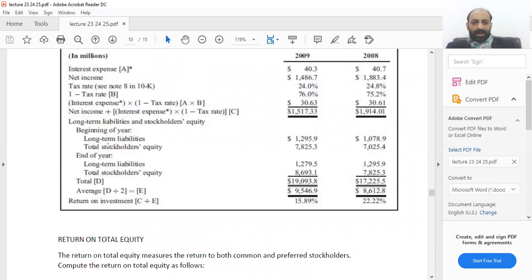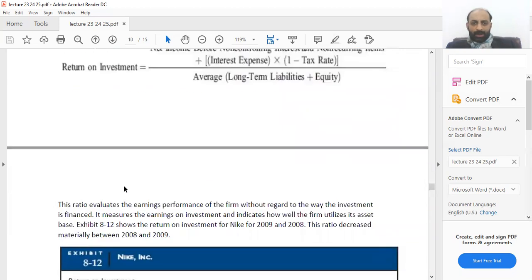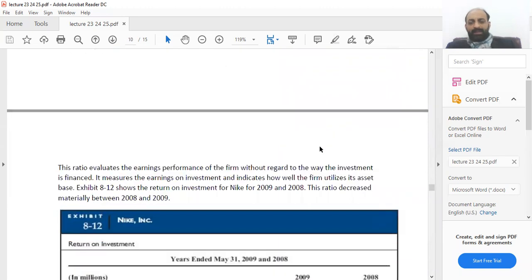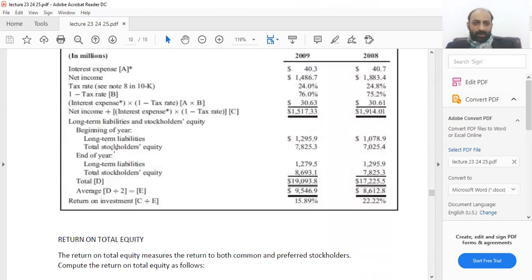Now you have to calculate the average of your long-term liabilities and equity. So your long-term liabilities for year 2009 are 1295.9. Then you have stockholders' equity, this is for the beginning of the year, then again you have it for the end of the year.